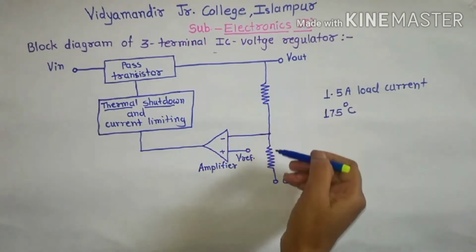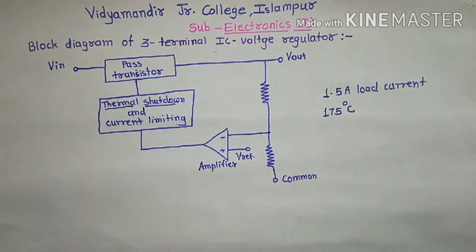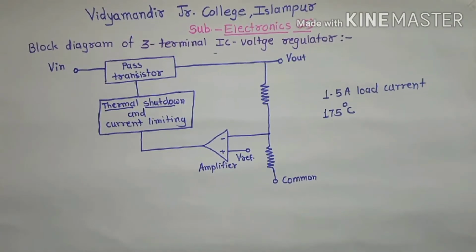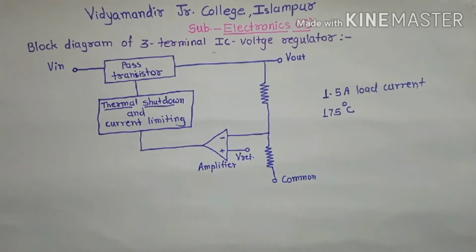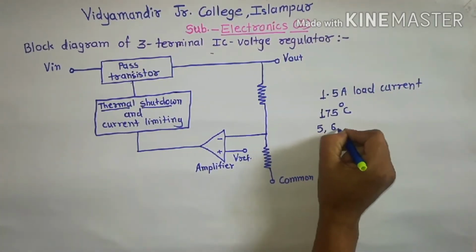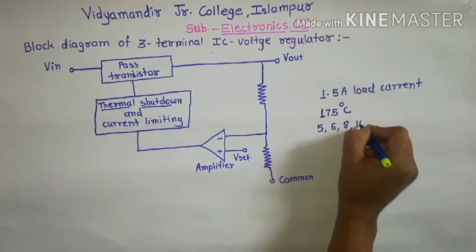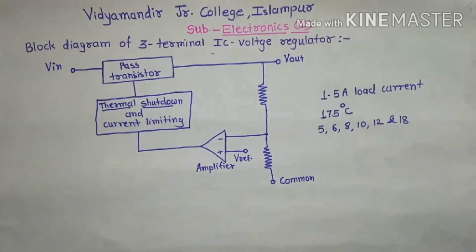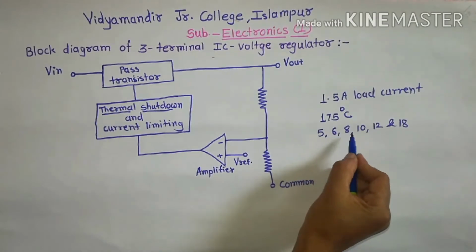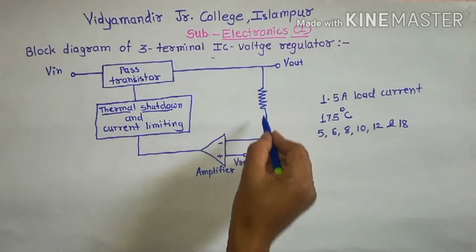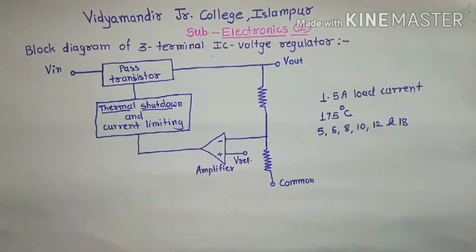This internal voltage divider gives the input to the inverting input terminal of the op-amp, with voltage ranges of 5, 6, 8, 10, 12 and 18. That is, 5, 6, 8, 10, 12 and 18 volts are given to the inverting terminal of the operational amplifier.